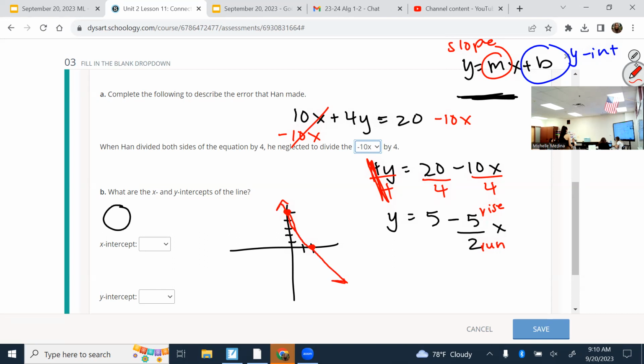All right, so then what's my x-intercept? Where is that on the x-axis? Table 3, can you tell me where that is on the x-axis? I'll come back to table 3.